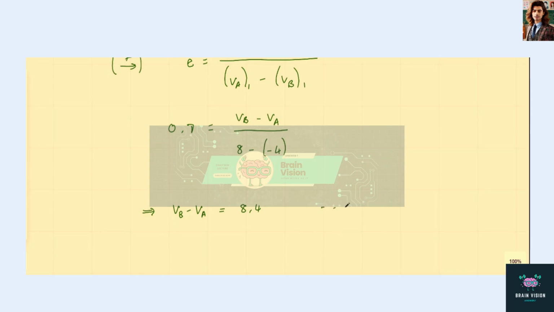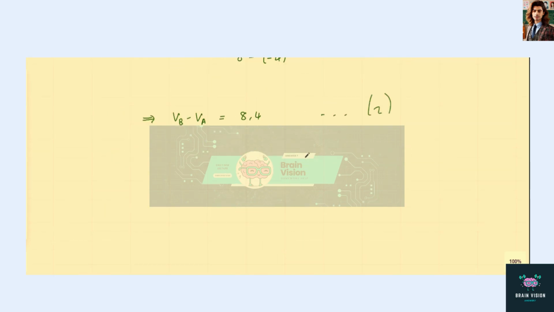So we have another equation with the same two unknowns. Now if we solve equations 1 and 2 simultaneously, we can find these two unknowns. We have two equations with two unknowns.